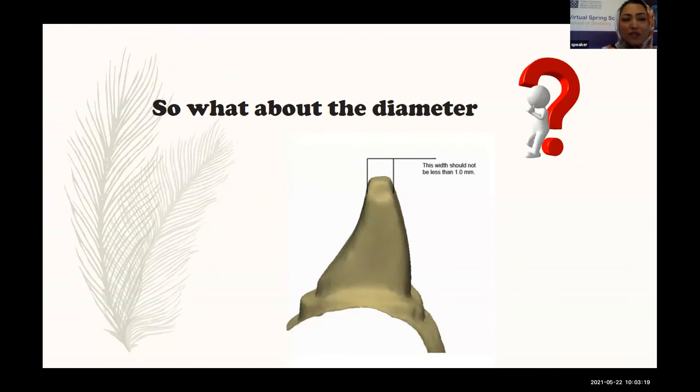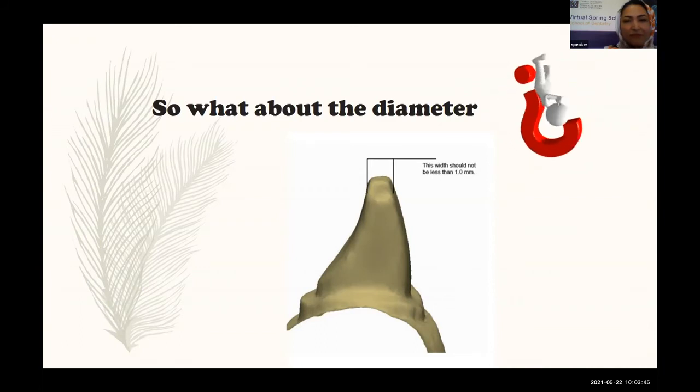Considering the bur diameter, the width of the preparation in the incisal part should not be less than 1 millimeter. Remember that it is of great importance. But this concern somehow faded in zirconia restoration. What do you think about it? We will answer it in the following slides.